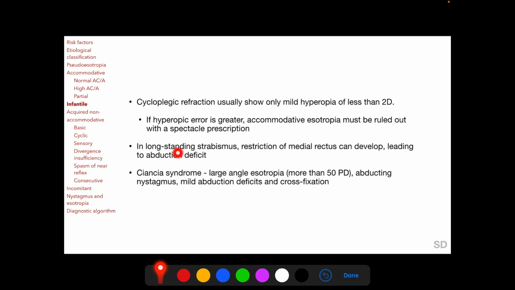In long-standing esodeviation, restriction of the medial rectus muscle can develop, leading to actual abduction deficit, which can be detected with forced duction testing. Ciancia syndrome is a particular type of infantile esotropia with a large angle esodeviation of more than 50 prism diopters along with cross-fixation. In these patients, abductive nystagmus also occurs.